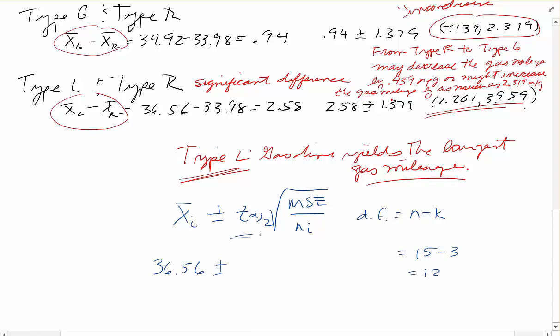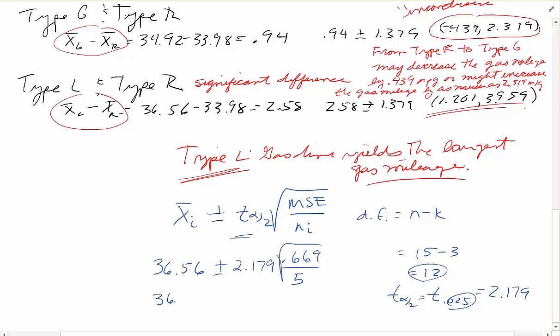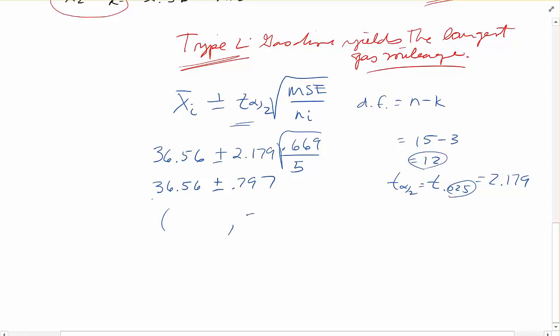And if I go to the T-table where alpha is 0.05, I'm going to be calculating T alpha over 2, or T sub 0.025 with 12 degrees of freedom. I get 2.179. So 2.179 times the square root of 0.669 over 5. And that will give me 36.56 plus or minus 0.797. My confidence interval on the upper end would be 37.36.